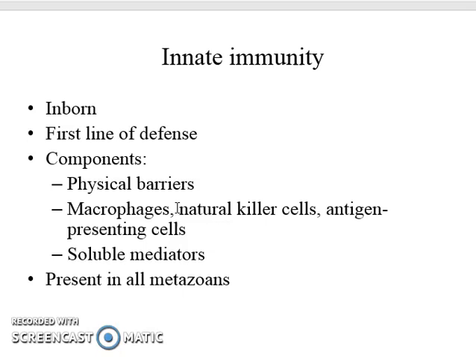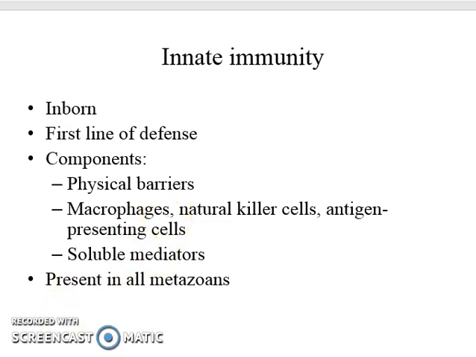It is also called the first line of defense because it provides the first line of defense against pathogens. It is not specific to any one pathogen but acts against all foreign molecules and pathogens. It also does not rely on previous exposure to a pathogen, the response is functional since birth, and it has no memory.